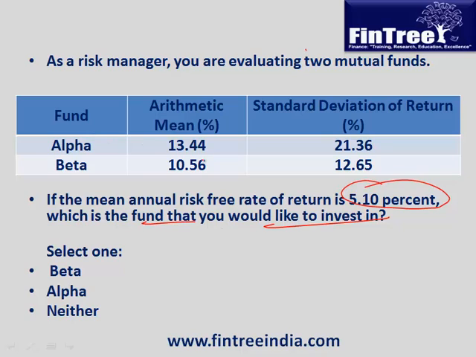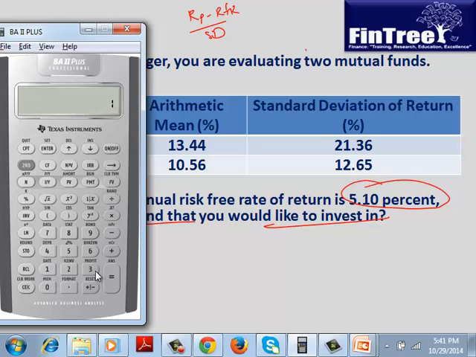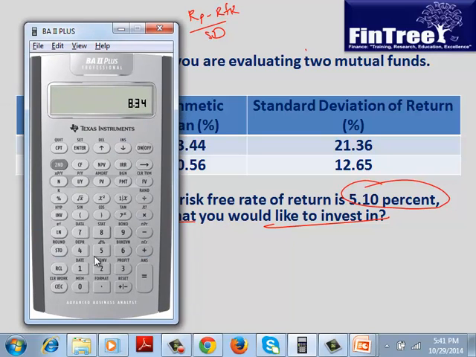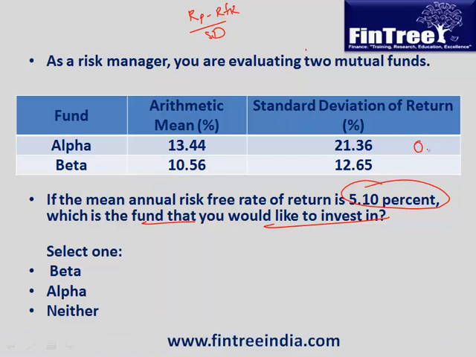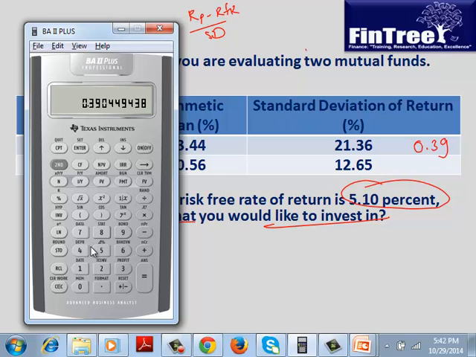So let's calculate the Sharpe ratio for arithmetic mean. The formula is return on portfolio minus RFR divided by standard deviation. So 13.44 minus RFR of 5.10 divided by standard deviation of 21.36. This will give us a Sharpe ratio of 0.39.